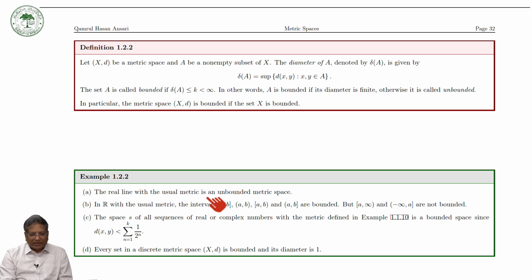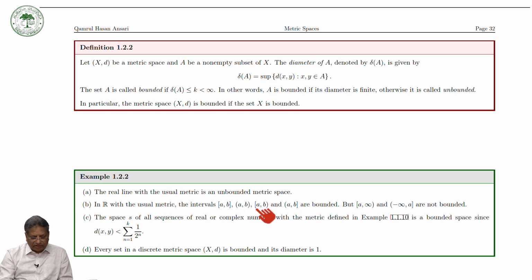But the intervals, closed interval [a, b], open interval (a, b), and the half-open intervals, all these intervals are bounded. But the closed interval [0, infinity) or the open interval (minus infinity, a], these two intervals are not bounded, but the rest of the intervals are bounded.